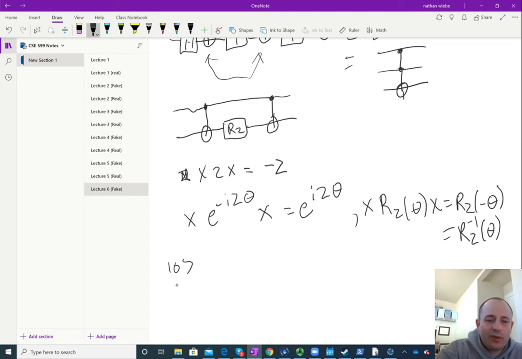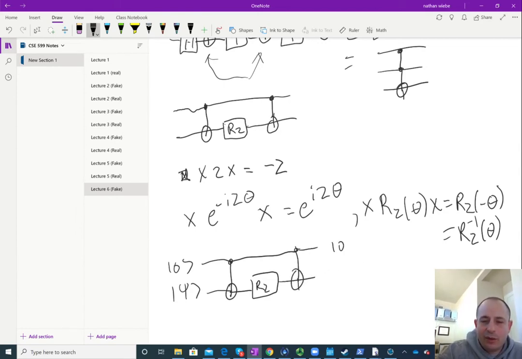So what this means is that if we have 0 and psi fed into this circuit, what we get back out is 0 and RZ acting on psi.